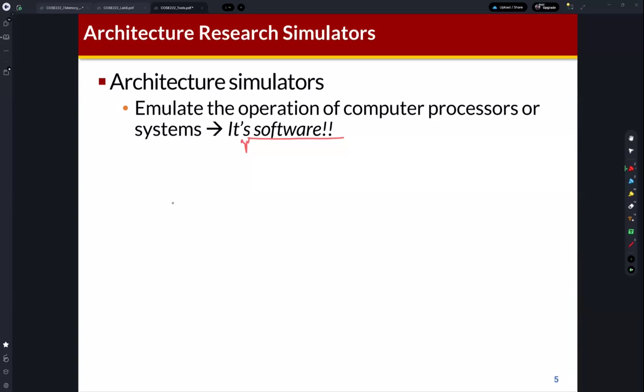But it's just a software. Even though we can run our RISC-V binary file, it just emulates the behavior of the RISC-V CPU. So we can just use simulators for our computer architecture research.